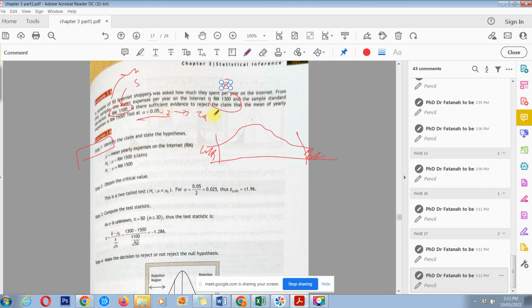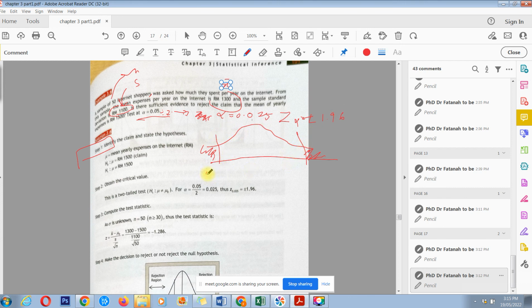So the alpha we consider will be 0.025, and when we look at the back of the book, z alpha equals plus minus 1.96, in between this area.